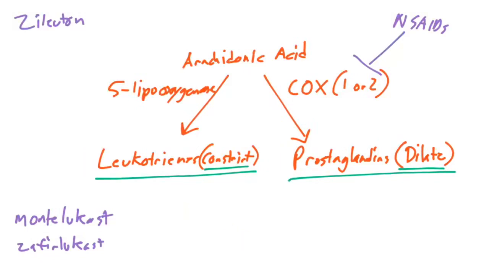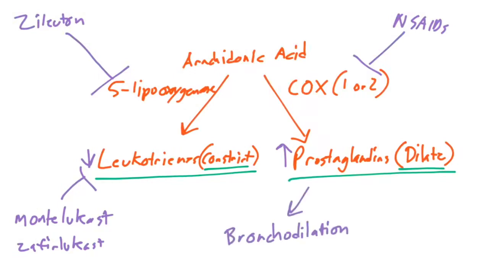Zileuton works in just the opposite direction. It actually blocks the production of leukotrienes by inhibiting 5-lipoxygenase, and thereby decreasing the number of leukotrienes and increasing the number of prostaglandins. This will lead to bronchodilation. Finally, Montelukast and Zafirlukast will block the leukotrienes from binding to their receptors, thereby decreasing their effect and causing a relative increase in prostaglandins, thereby increasing bronchodilation.